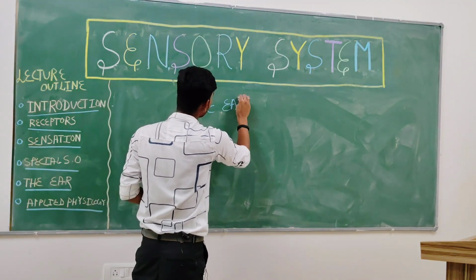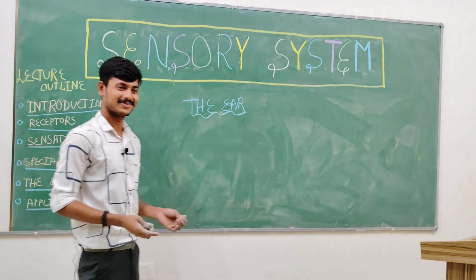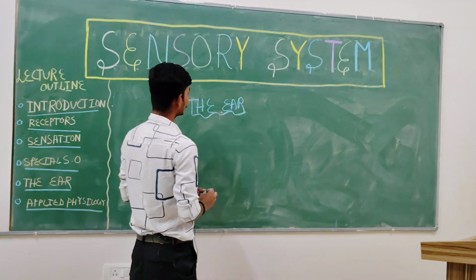How many ears do we have? Two. We have two ears.